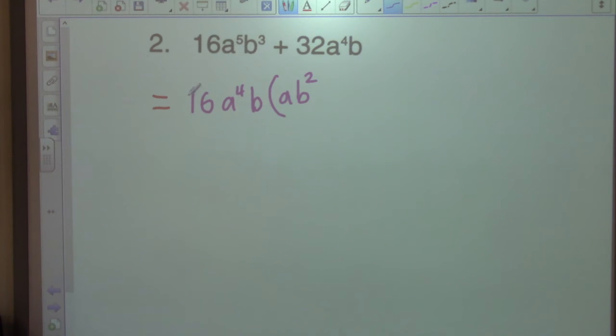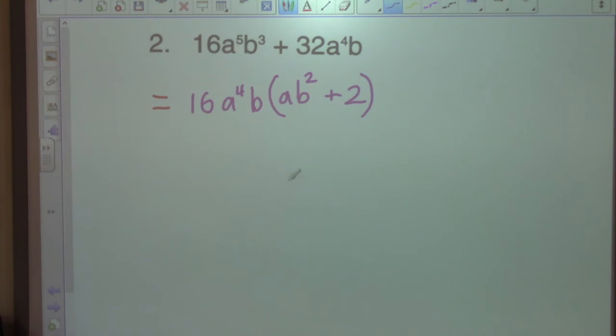Okay? And so now we have that. We have a plus sign here, so we know this is going to have to be plus here. So what times 16 is 32? 2, right? And what times a to the fourth is a to the fourth? 1, right? So we can just leave that alone. What times b is equal to b? B, right? So literally that's it.